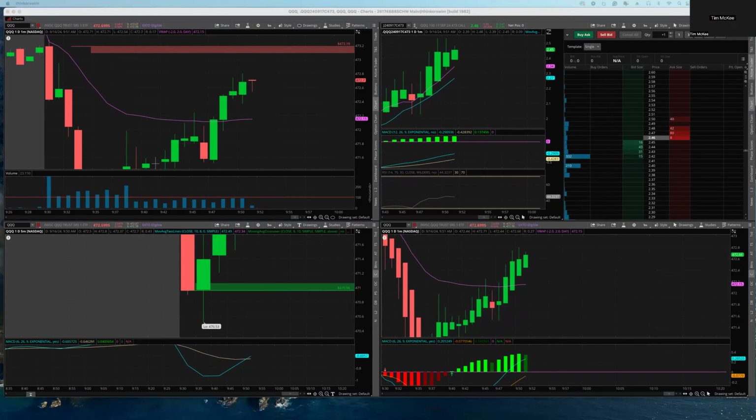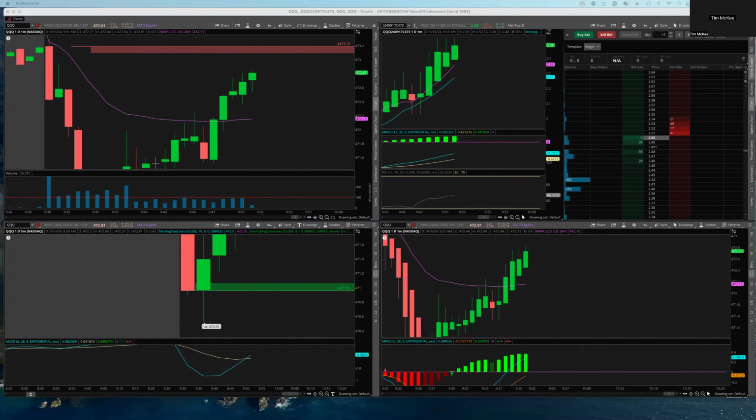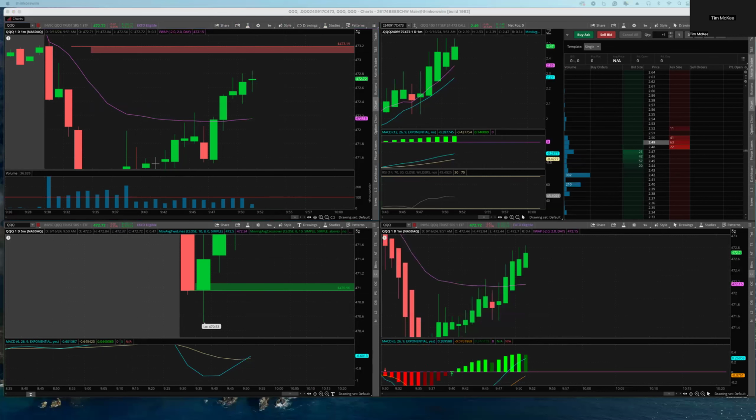Surprised to see the 15 and 30 still kind of showing a put bias. I can see that they're transitioning. Yeah, but that's also taking into account the pre-market stuff that was pulling back. Oh, that's true.